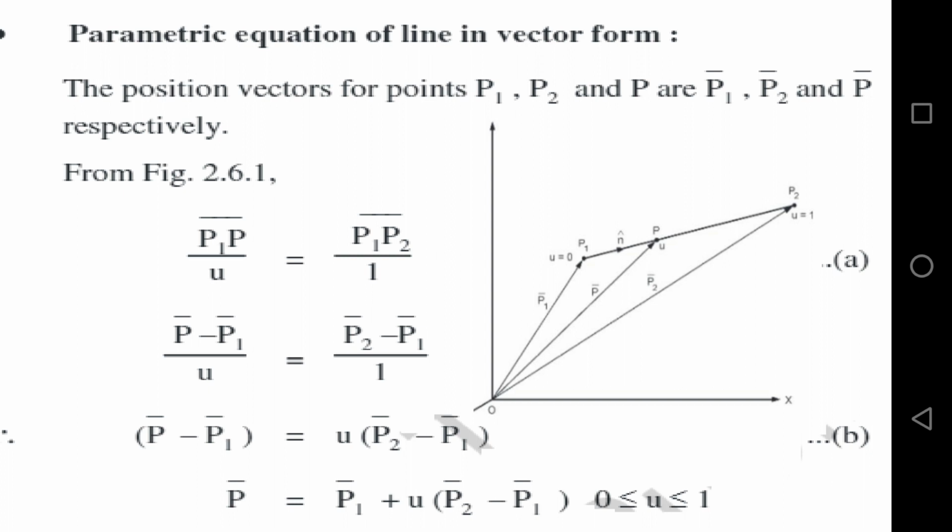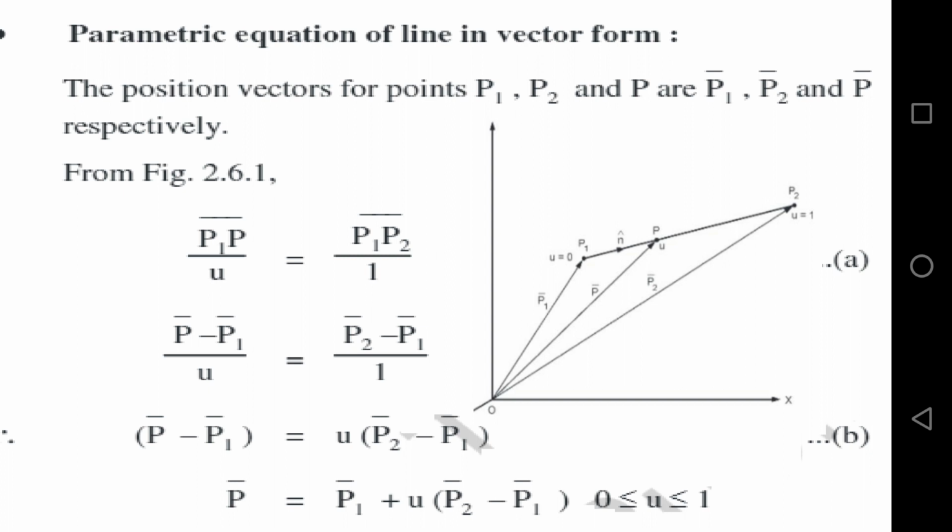So we need to find the parametric equation for point P, in a vector sense P bar. Just look into the diagram, let me make this clear. As it is written from the figure, P1 bar to P divided by u equals P1 bar to P2 bar divided by 1. What does it mean?